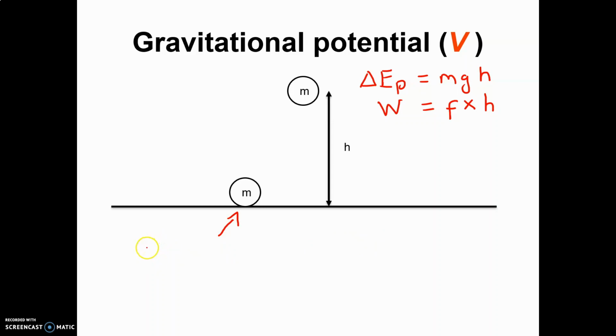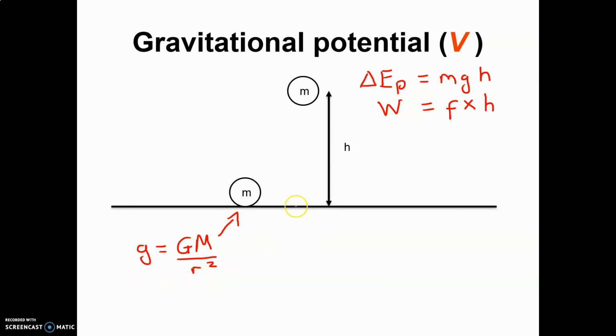Now in your earlier study of fields you would have come across this equation for gravitational field strength, which is g equals GM over r squared. So capital G is the gravitational constant, capital M is the mass of the planet, and r is the distance from the center of the planet.